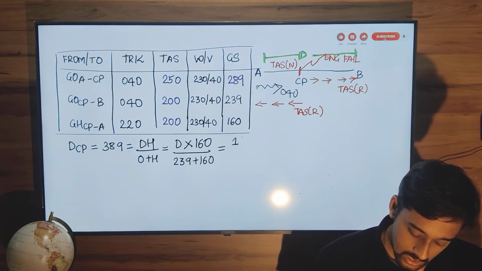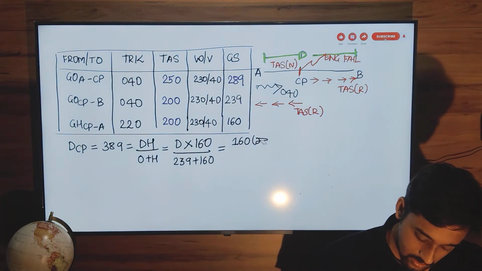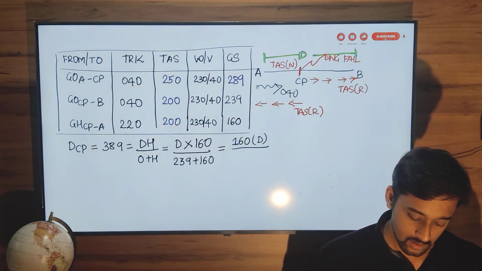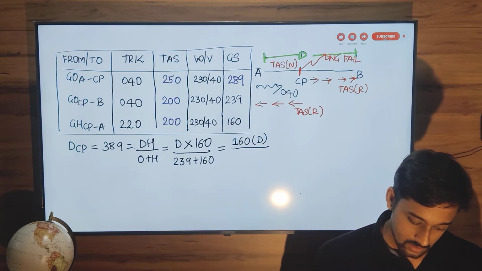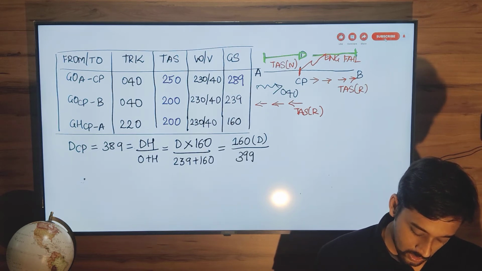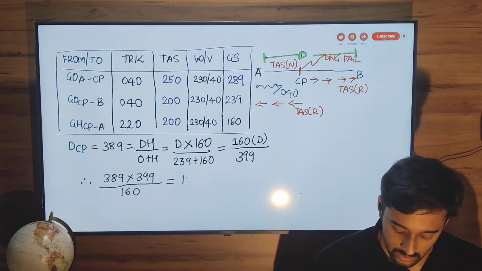So 160 into D divided by 239 plus 160 is 399. Therefore cross multiply, 389 into 399 divided by 160 equals your D.